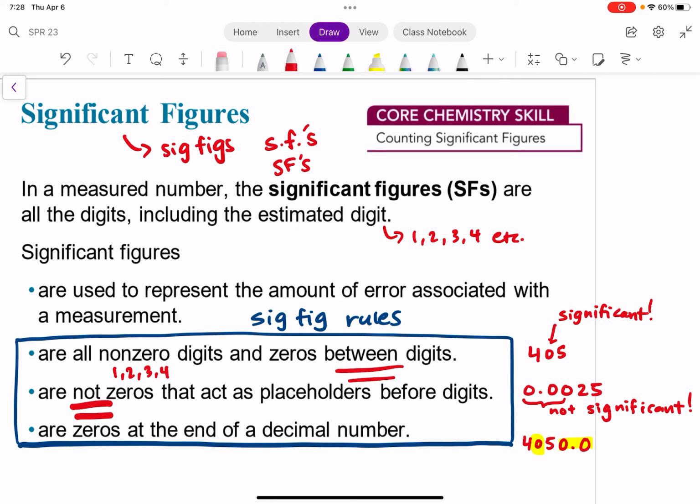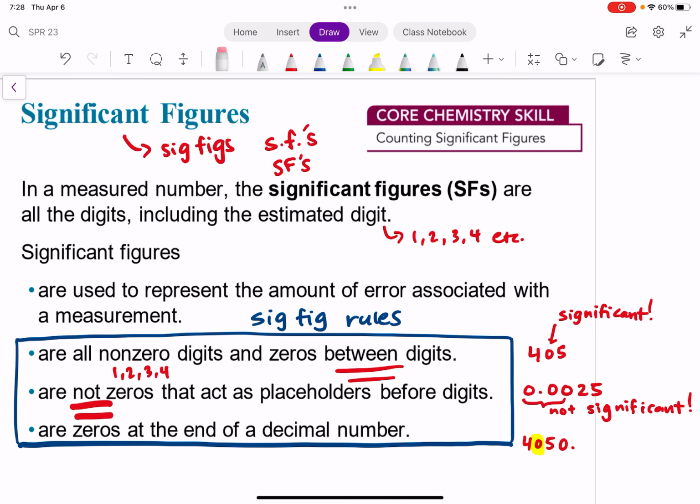If you had, for instance, 4050 without a decimal point, so no decimal point, do you think these zeros would be significant? This one is, right? Because it's sandwiched in between those other digits. But would those end ones be significant? No, they would not.